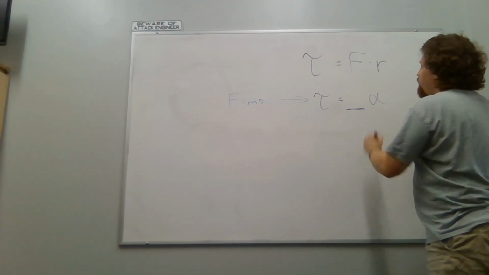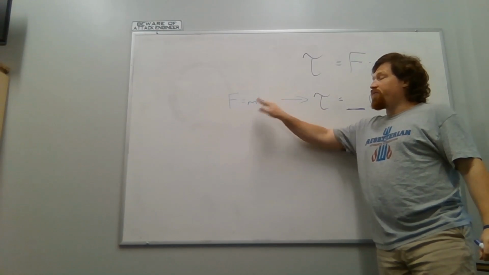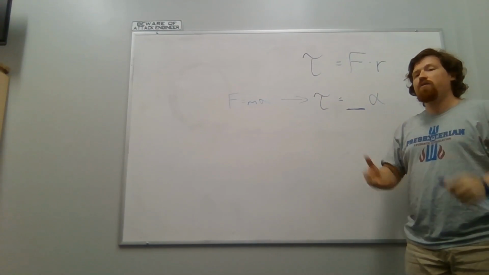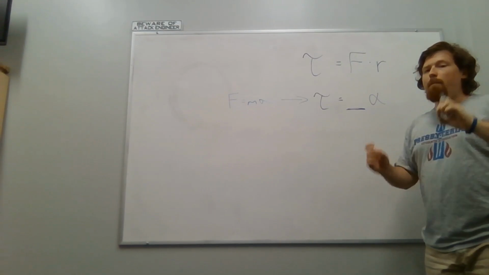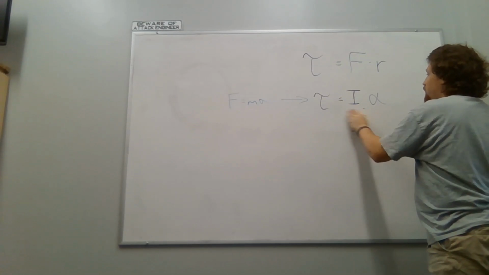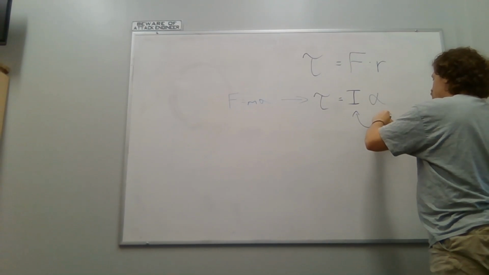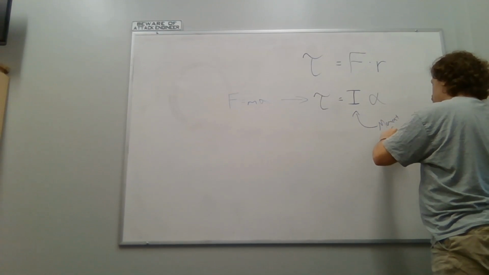That just leaves mass. The funny thing about mass is, mass also has an angular counterpart. And that angular counterpart is called moment of inertia. And that is represented by a capital I. This is the moment of inertia.